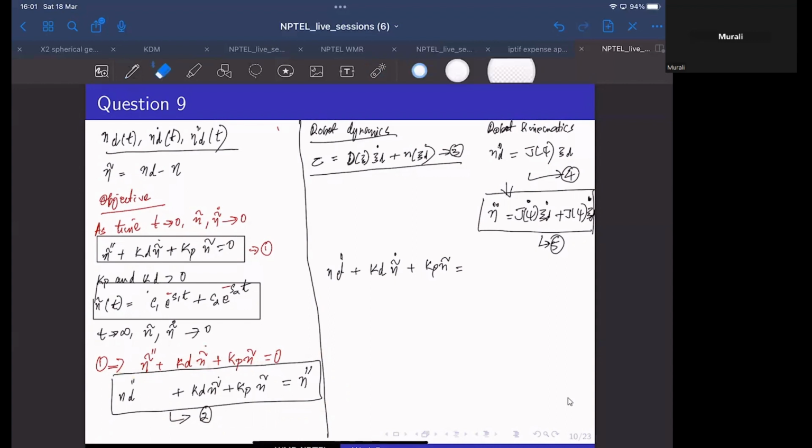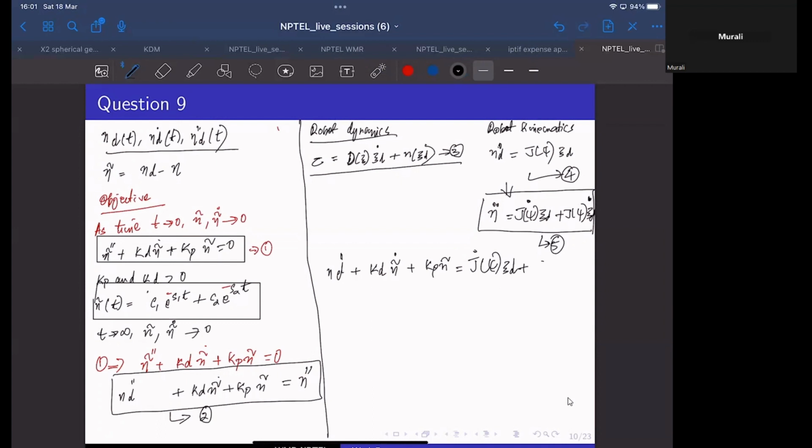I'm writing that for the time being: J dot of psi zeta desired plus J of psi zeta desired dot.